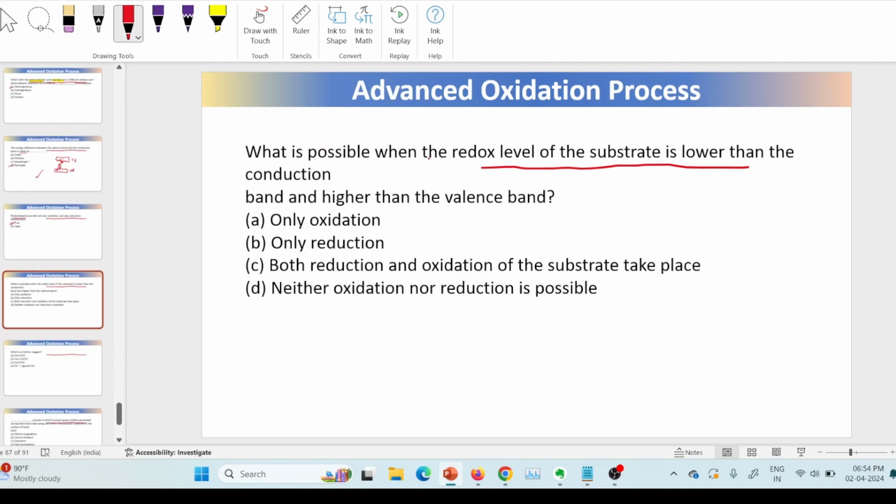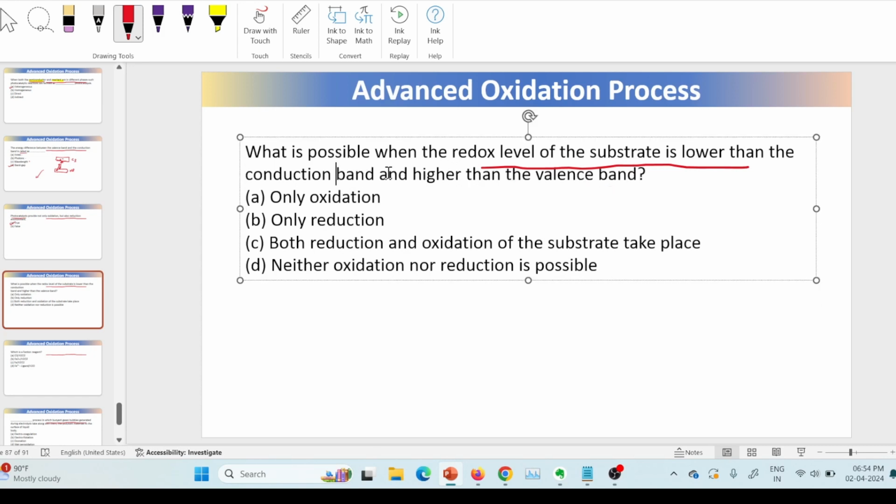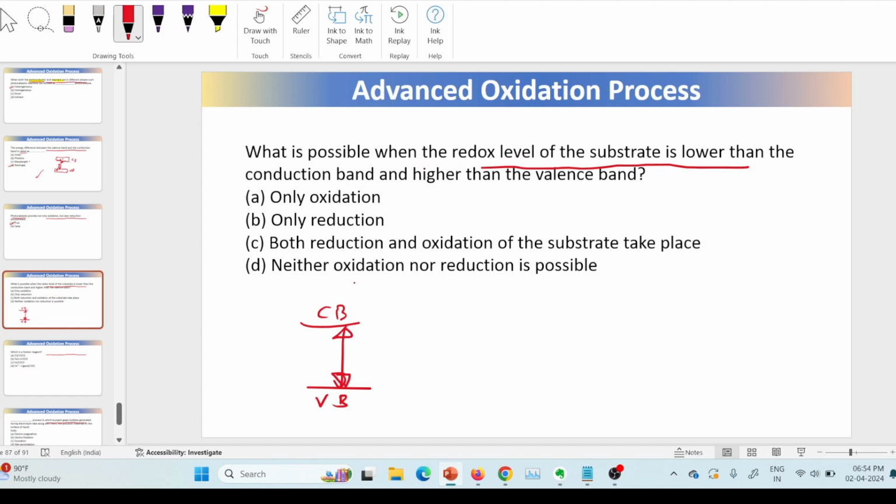What is possible when the redox level of the substrate is lower than the conduction band and higher than the valence band? This is the valence band, this is the conduction band. If it lies within this band gap, then reduction and oxidation are possible.